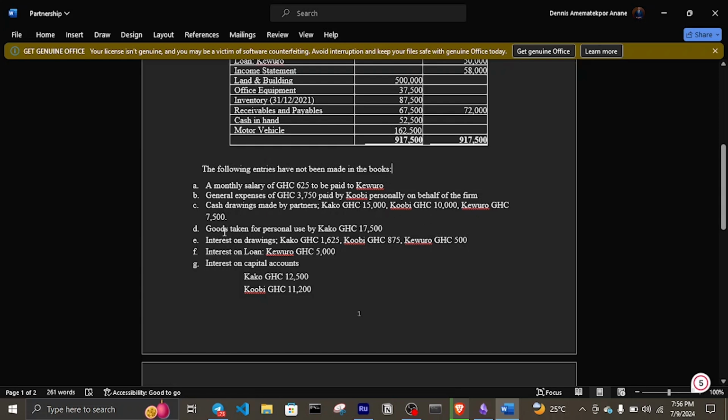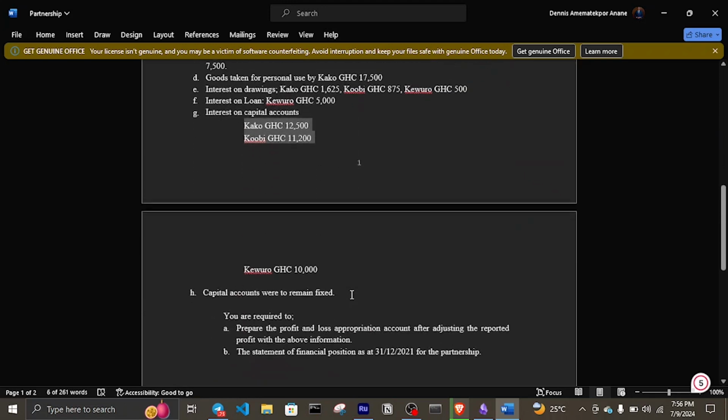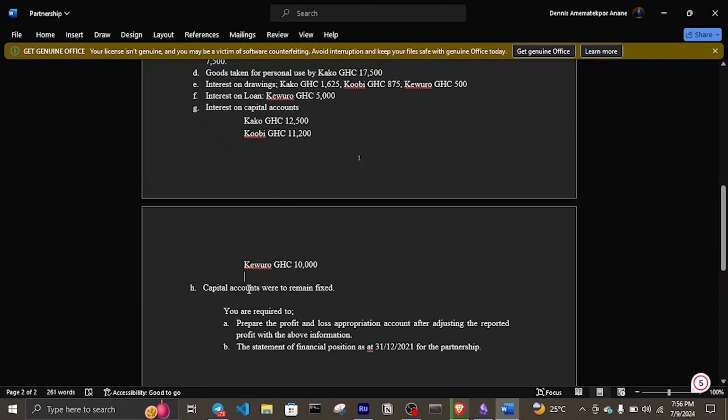D. Goods taken for personal use by Kako. E. Interest on drawings from all the partners, Kako, Kobe, and Kiro. F. Interest on loan. G. Interest on capital accounts. H. Capital accounts were to remain fixed.